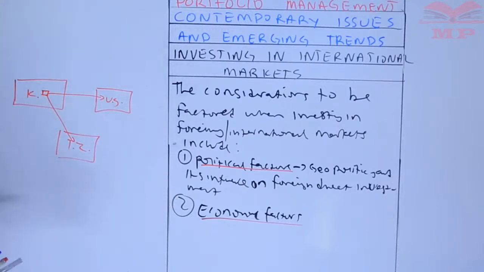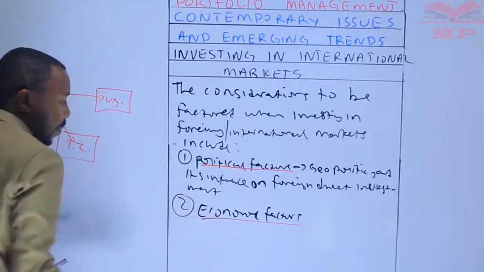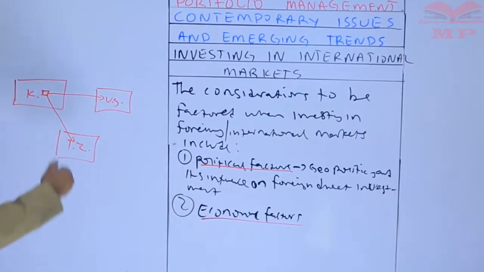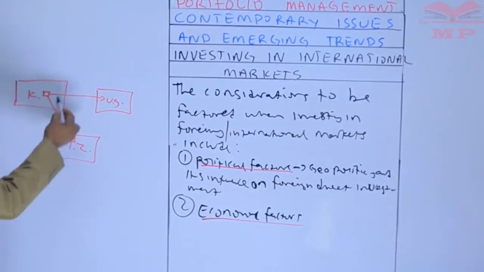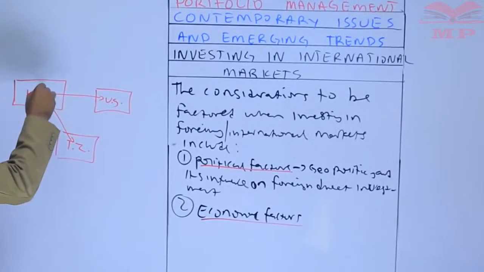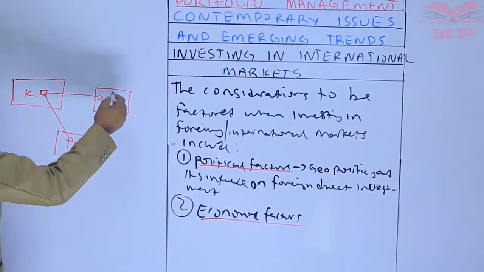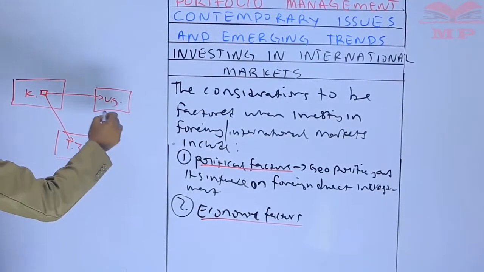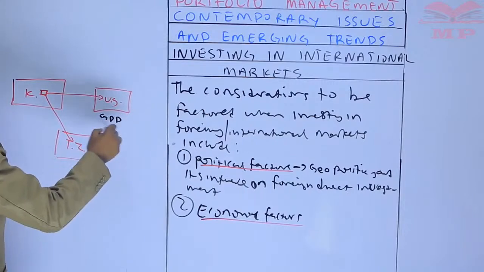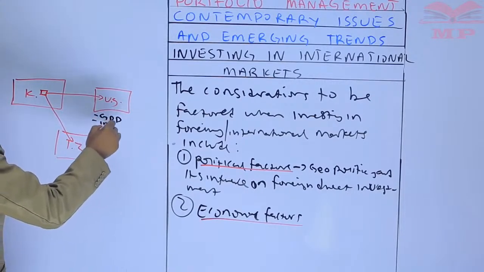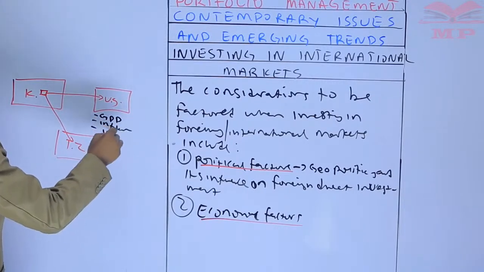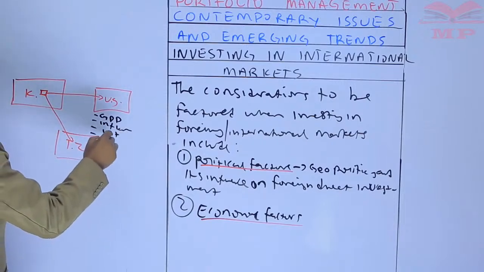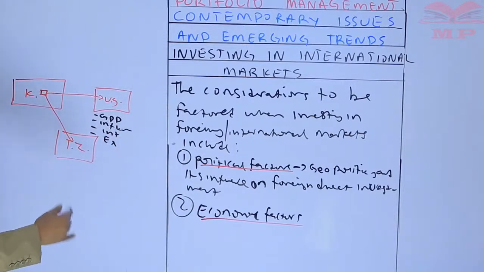The second point is economic factors. So the economic factors of these countries, because the Kenyans want to invest in Uganda, so the talking points should be the GDP, inflation, interest rates, and possibly exchange rates, amongst other factors.